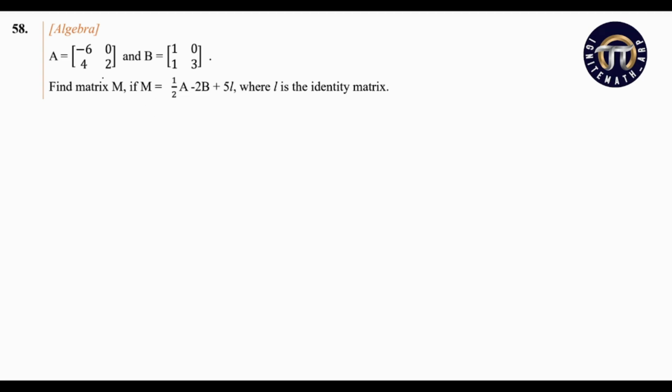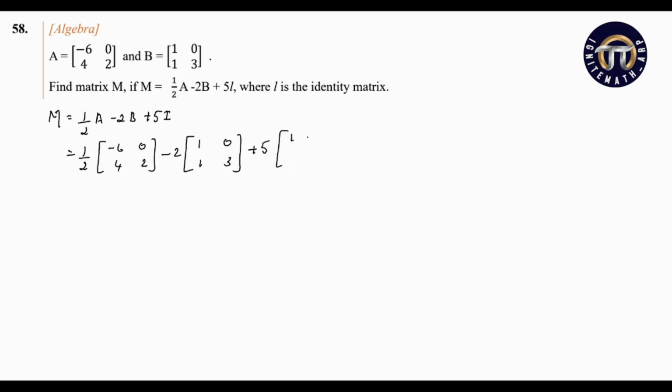Here they have given you two matrices A and B, and also it is given that M is equal to half of A minus twice of B plus 5 times I, where I is the identity matrix. So now half of matrix A, that is minus 6, 0, 4 and 2, then minus 2 into B, that is 1 0 1 3, plus 5 into identity matrix 1 0 0 1.